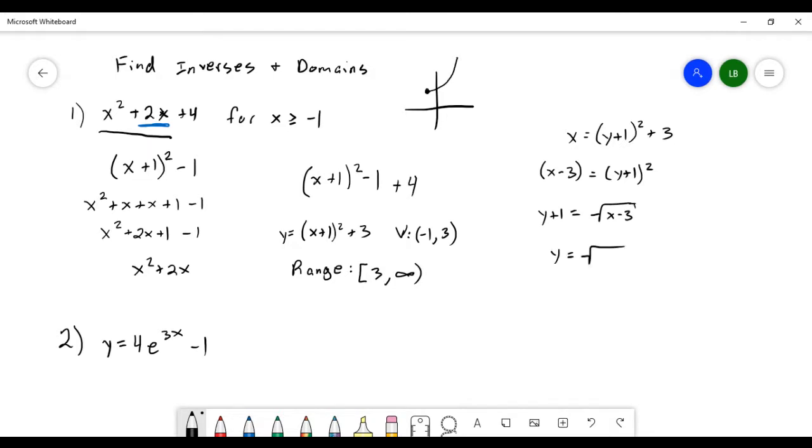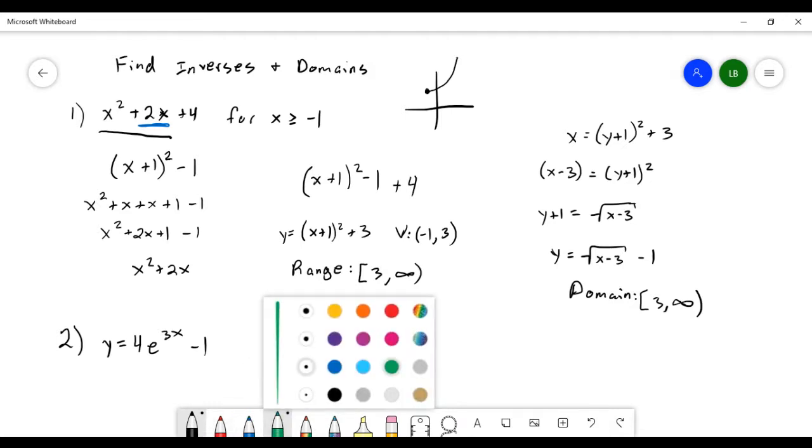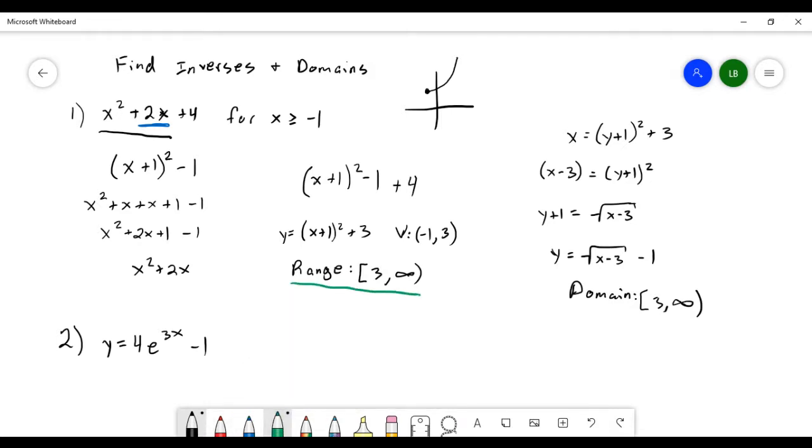So y equals the square root of x minus 3, minus 1, is our inverse, provided we have the domain of [3, infinity), because we need to take the range of our original function. And that is our answer. Does that make sense?